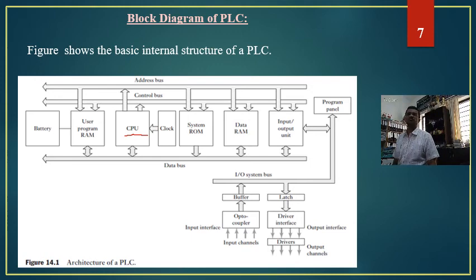Of course, the CPU works with respect to the clock. The clock decides at what time, what kind of job needs to be done by the CPU. Then there is a system ROM, where the programs can be permanently stored, and then there are two RAMs: one is the data RAM and the other is the user program RAM. Then the input output unit.